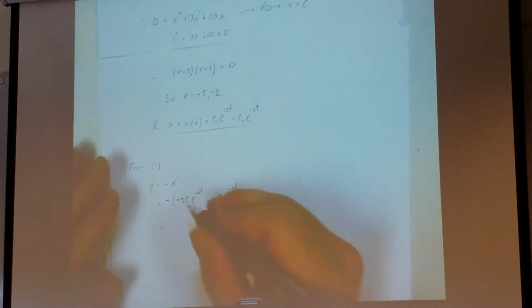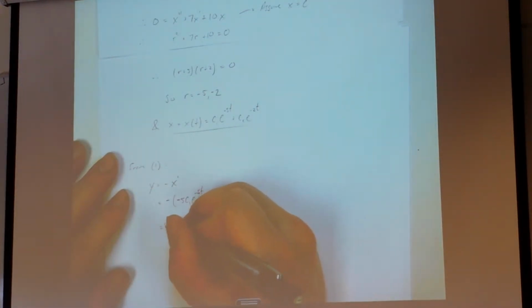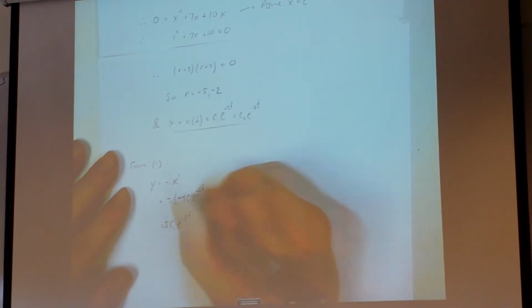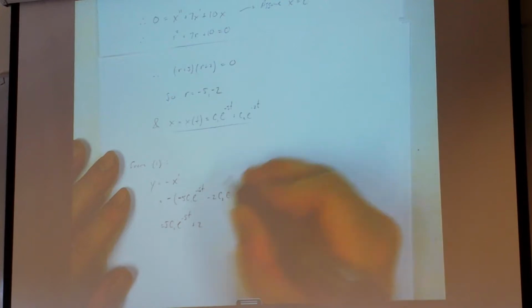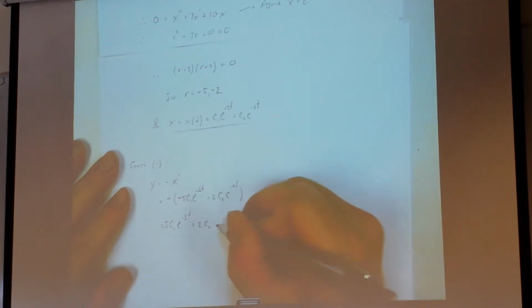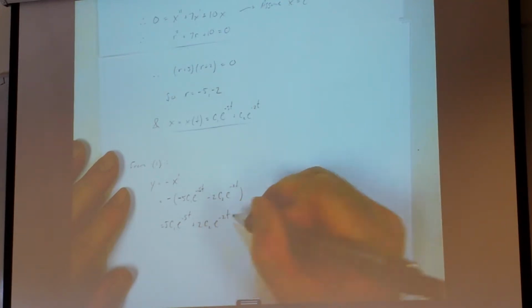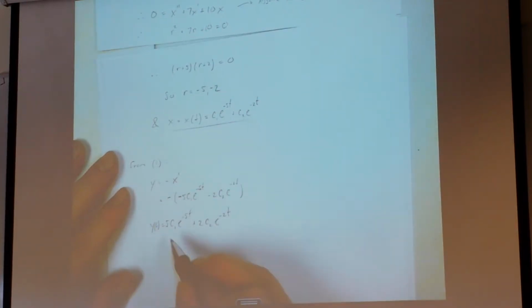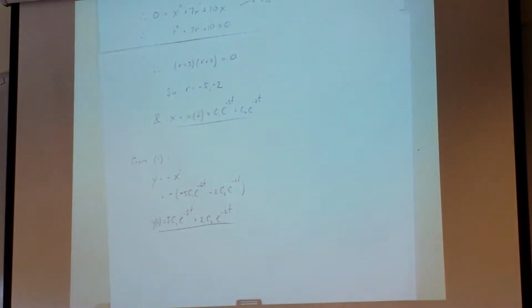That's nice. I'm going to have 5c1 e to the -5t plus 2c2 e to the -2t. And that would be y of t. Okay, good.